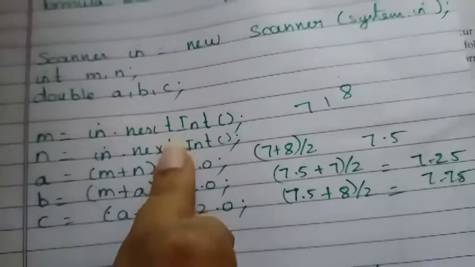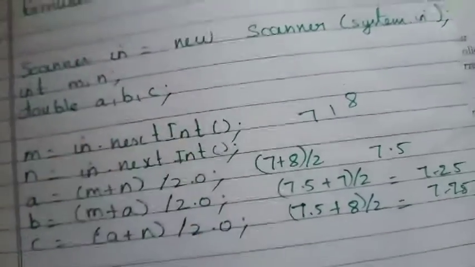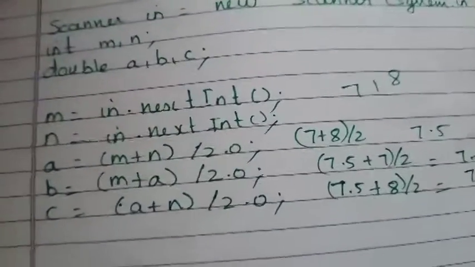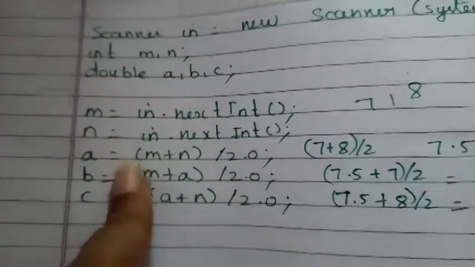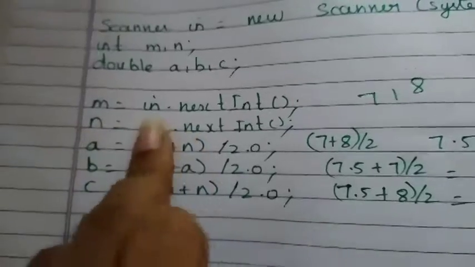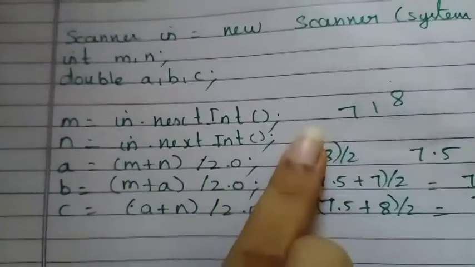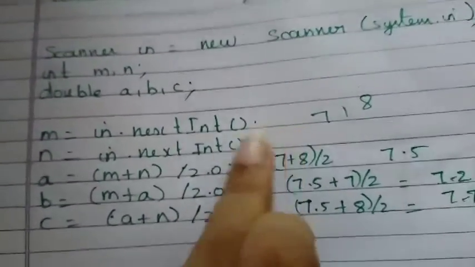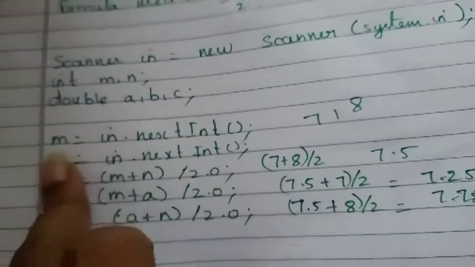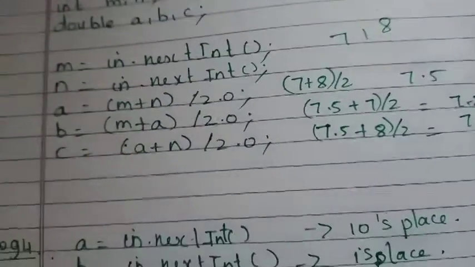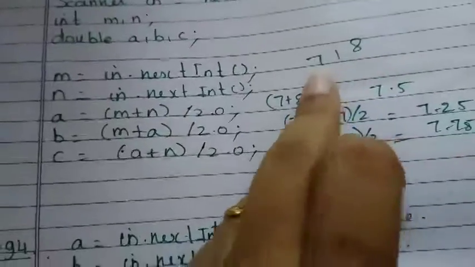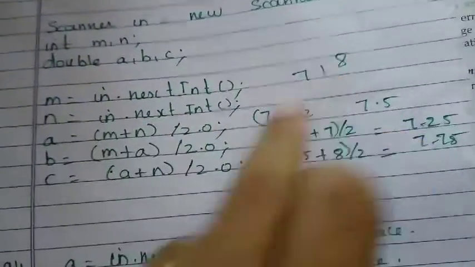So your n.nextInt will read the input from the user and will save it in your m variable.